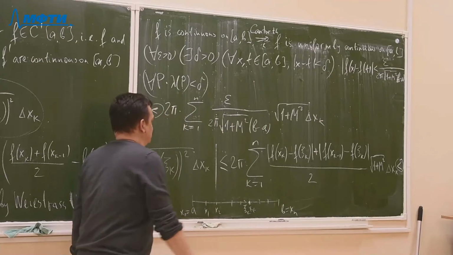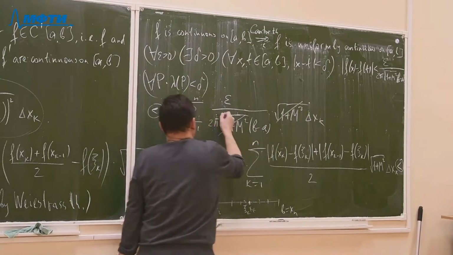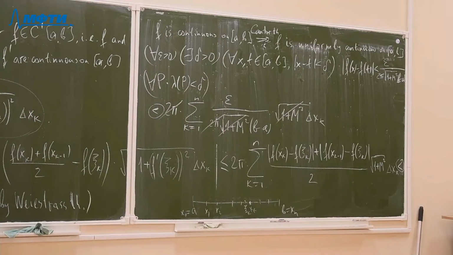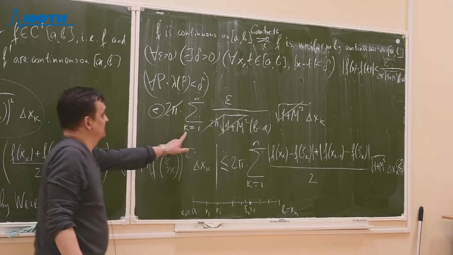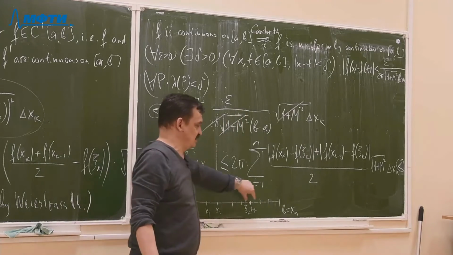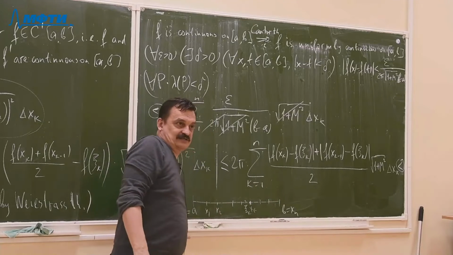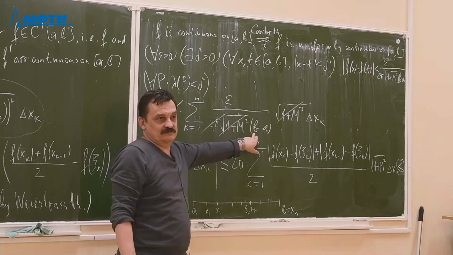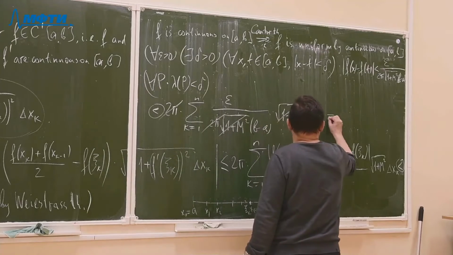So we cancel those. And what remains? Sum of delta xk. And the sum of delta xk is equal to b minus a, right? So it cancels with this. And that is epsilon.